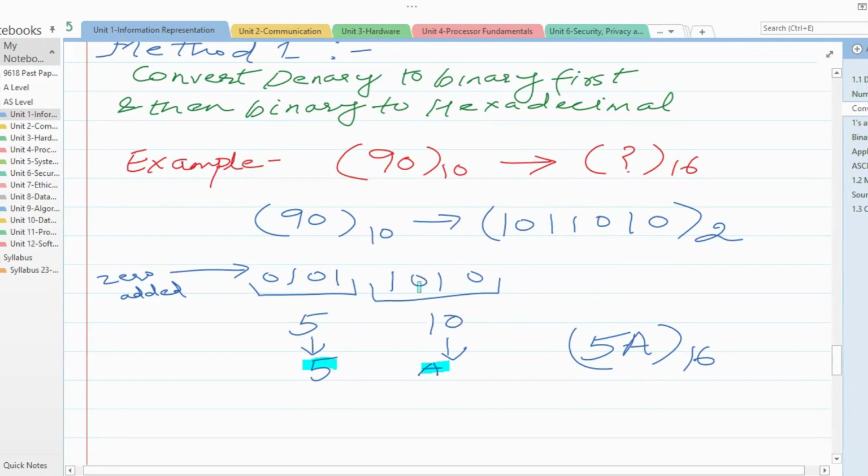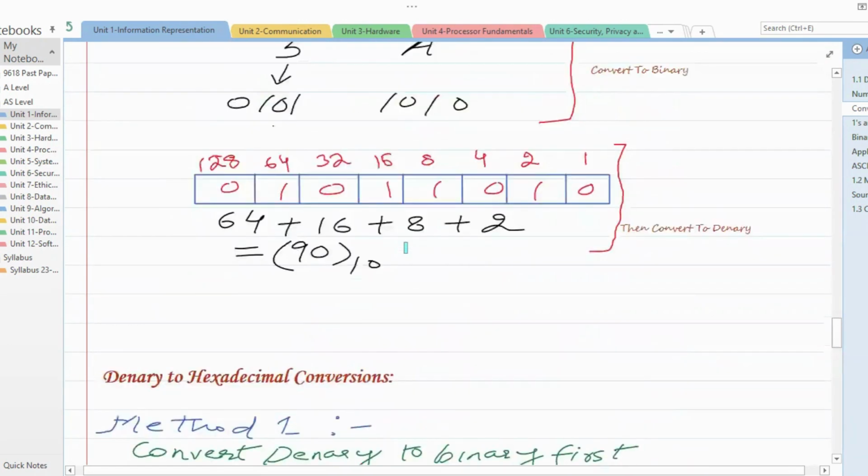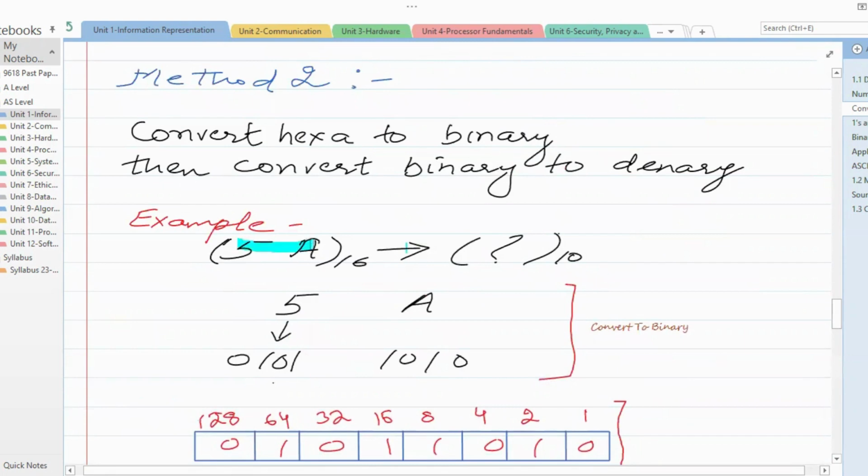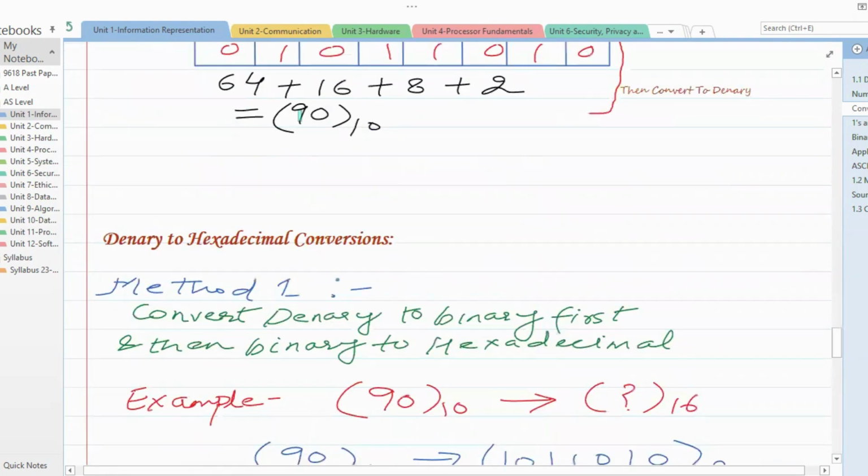Here, because there were only 3 bits left, I have added a 0, and its equivalent is 5, right? And the equivalent of this is 10. For 10, we all know 10 is equivalent to A in hexa, so 5A is the answer. So that is what we started with. So 5A is 90.